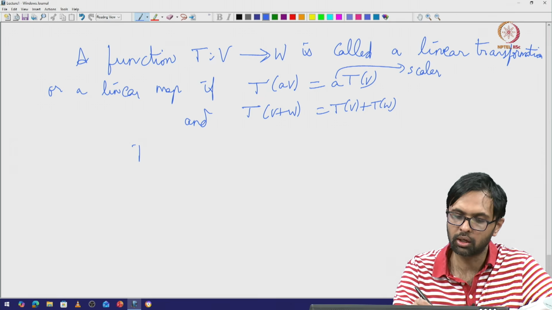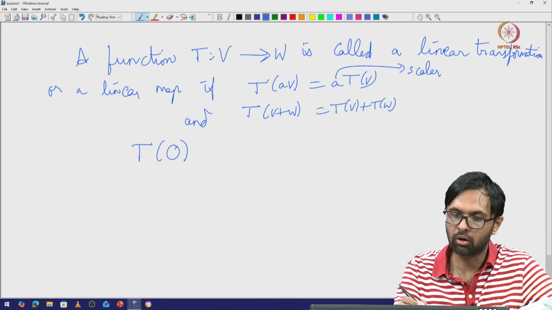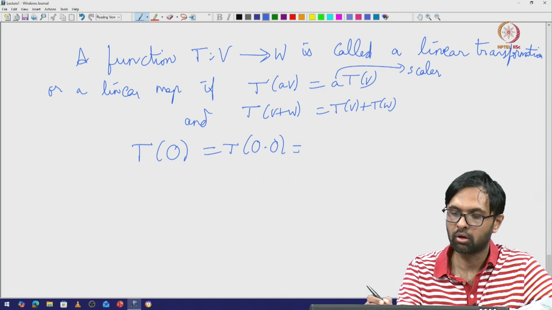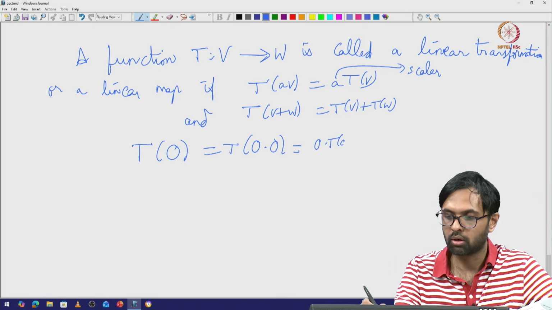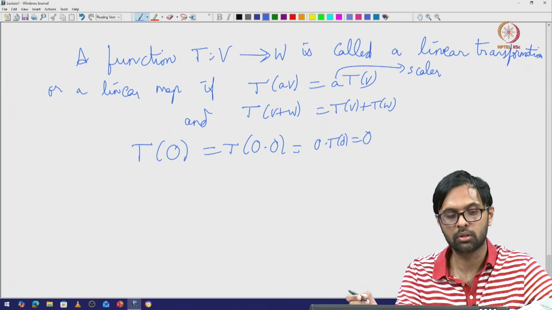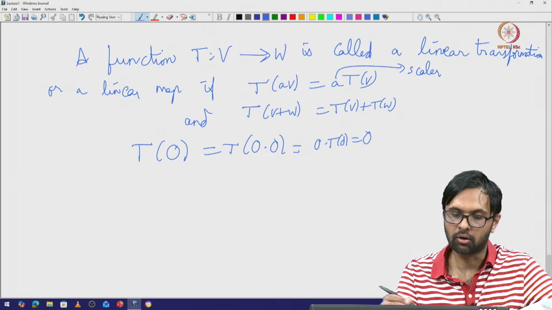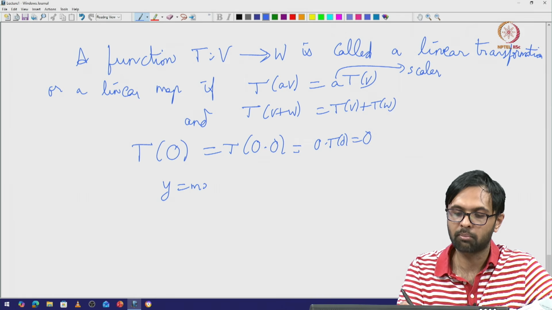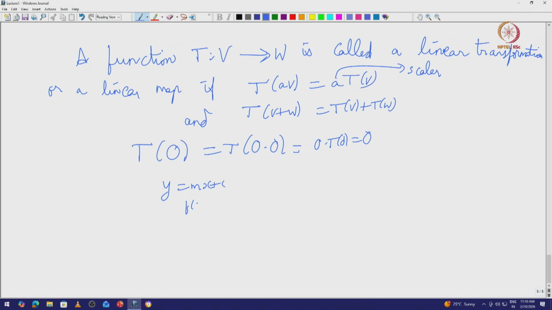So in particular, T of 0 is what? It is T of, let's say, 0 times 0, which is 0 times T of 0, which is 0. So any linear map by definition must take 0 to 0. Normally we would like to say that y equals mx plus c, this function f of x equals mx plus c, is linear.